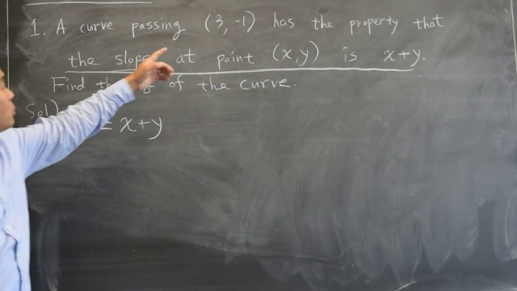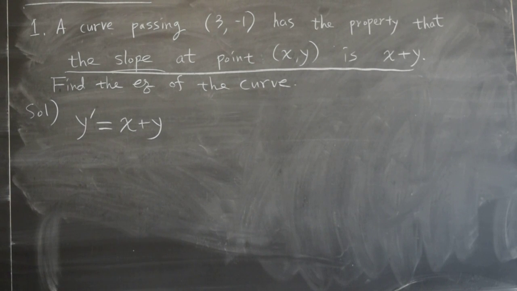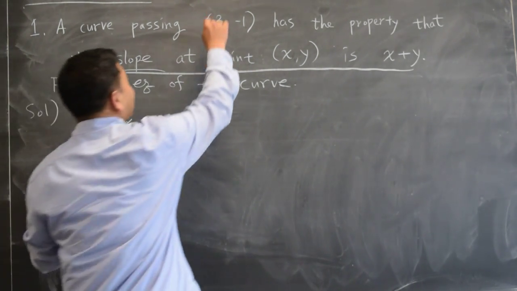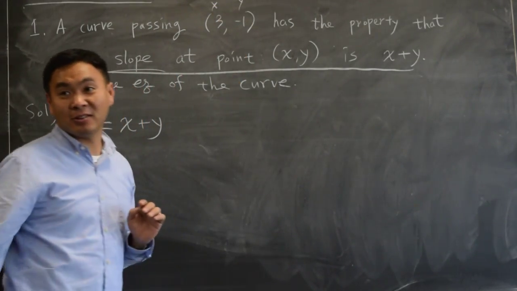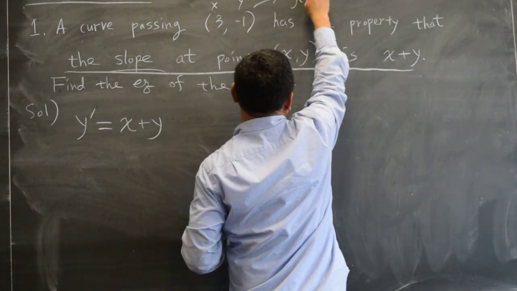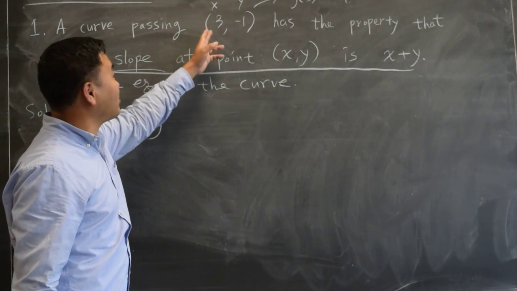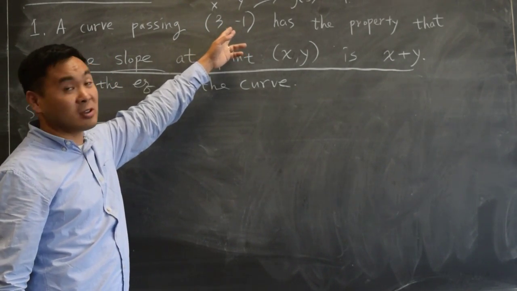Furthermore, what does this mean? y of -1 equals 3? No, this is the x value and that's the y value, right? So this should be interpreted as y of 3 equals -1. In other words, when x is 3, y has to be -1.